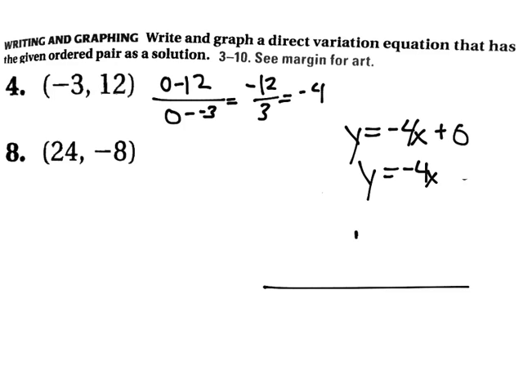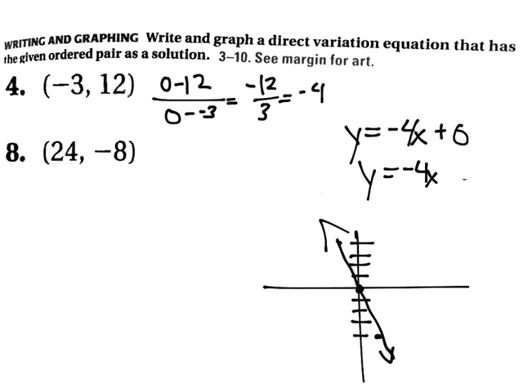To graph that, if it went through 0, 0, okay, down 4, 1, 2, 3, 4, over 1. And that is the graph of that equation.